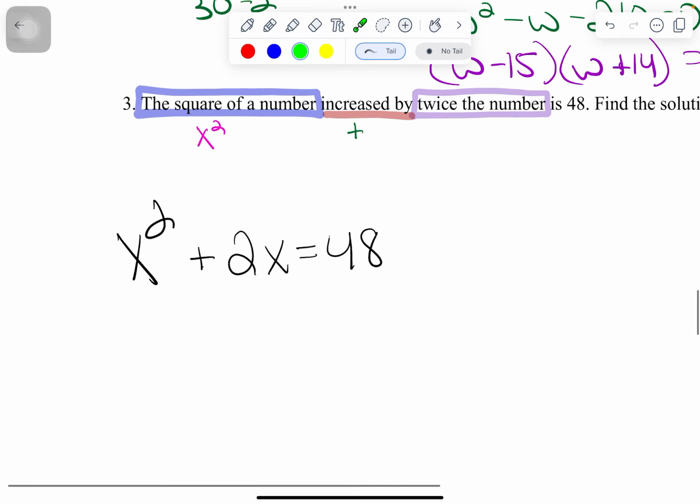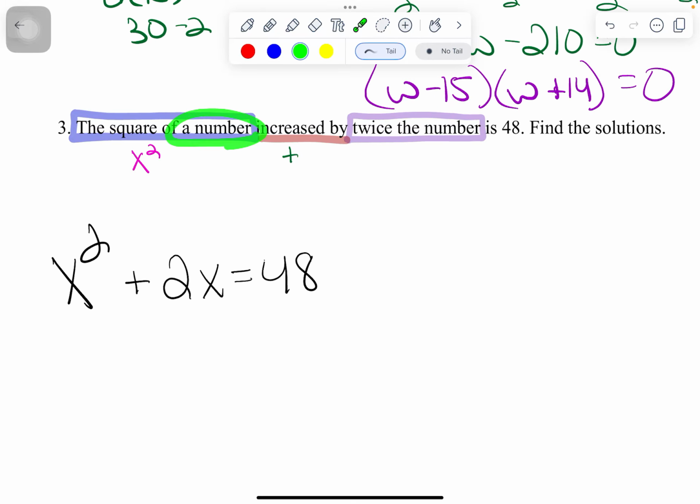So the number that I used here, which I didn't know what it was, so that's why I picked x, is going to be the same number here. This time I want to do twice that number. So let's call that 2x. And then is, there's my equal sign, and then it just says 48 there, so equals 48. All right, that created my equation.